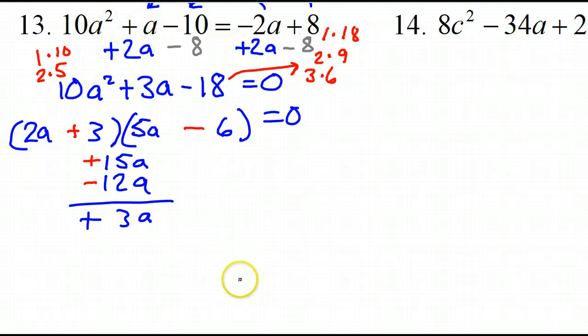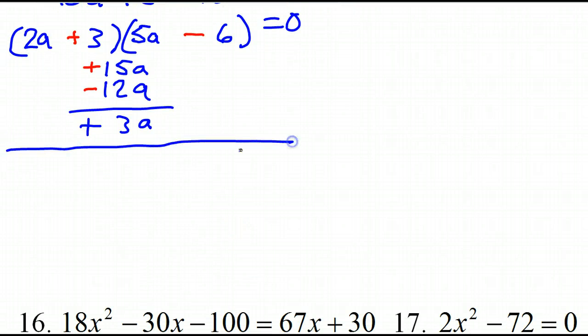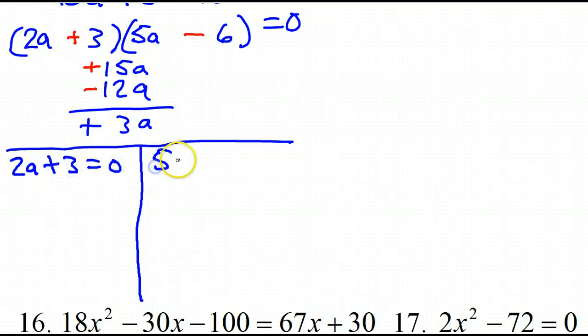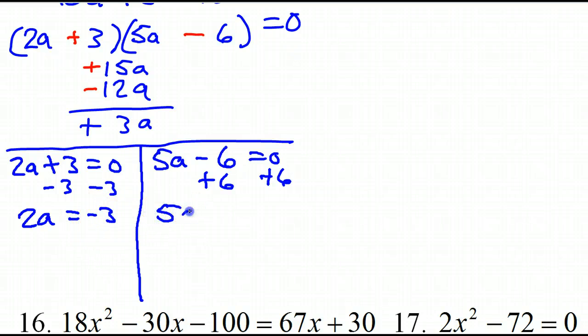Alright, so now I'm going to go ahead and do my zero product property. So I will have 2a plus 3 equals 0 and 5a minus 6 equals 0. Subtracting 3 from both sides, adding 6 to both sides is going to give me 2a equals negative 3, or 5a is equal to 6.